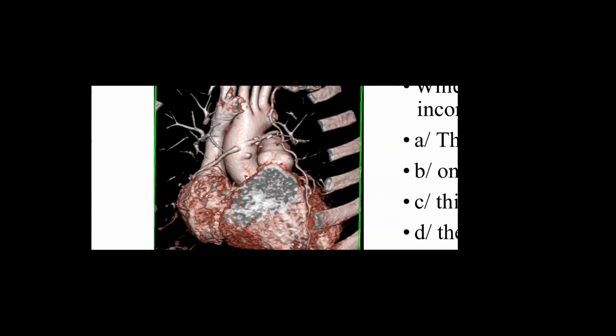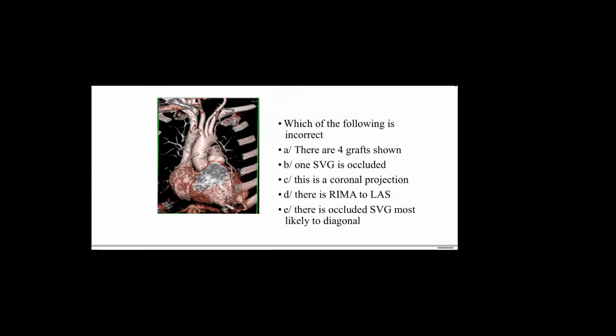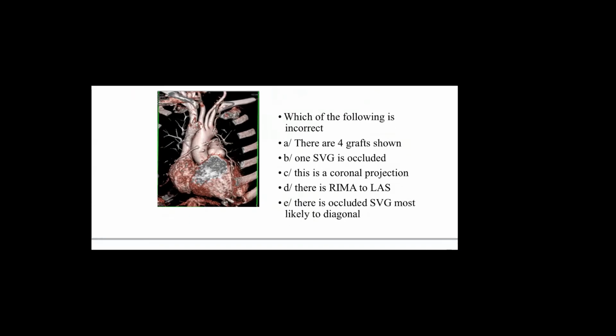So if we have to choose here, which one is incorrect? 4 grafts, yeah, this is correct. 1 SVG occluded, yes, this is correct. This is a coronal projection. In imaging, we have axial projection, sagittal, and coronal.